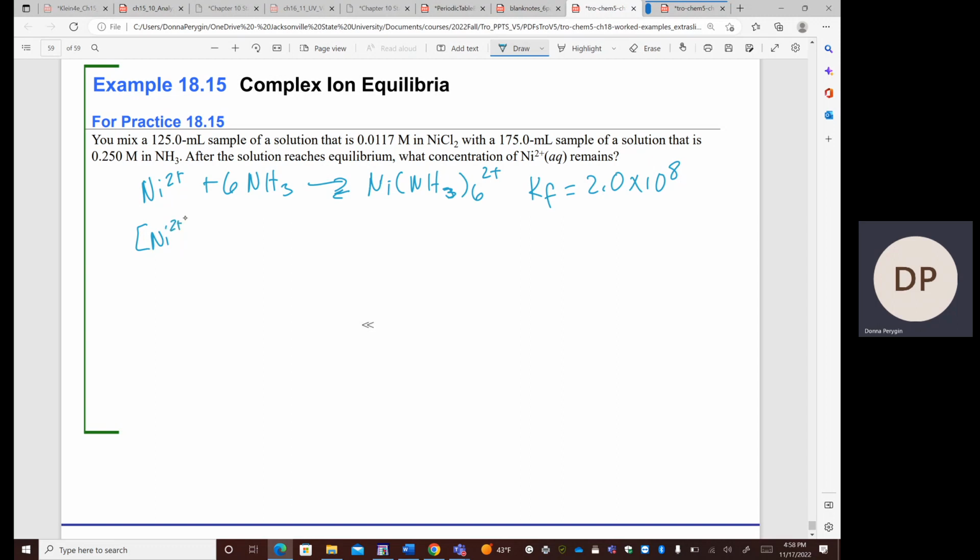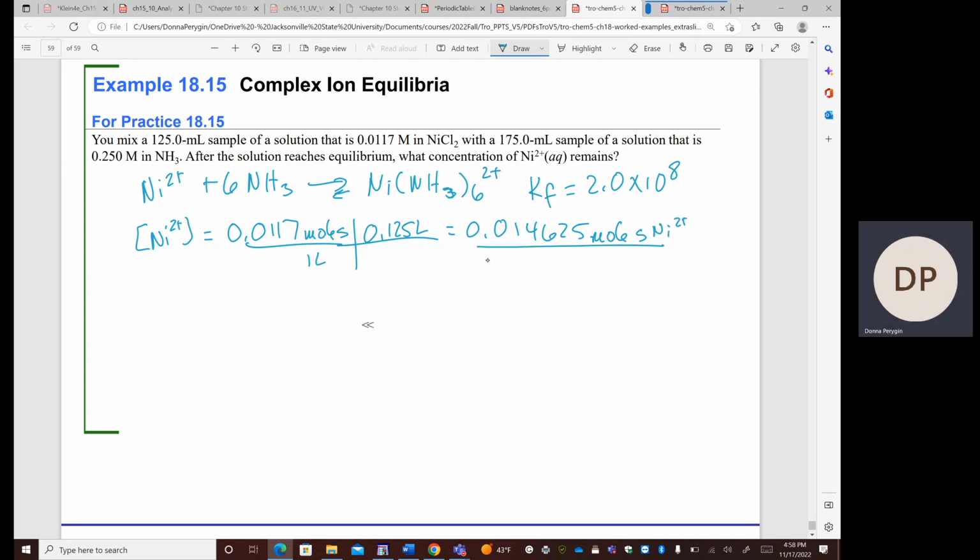Our nickel concentration is 0.0117. Okay, we're calculating the new concentration, moles per liter times 0.125 liters, and that's equal to 0.014625 moles of the nickel divided by our new volume.